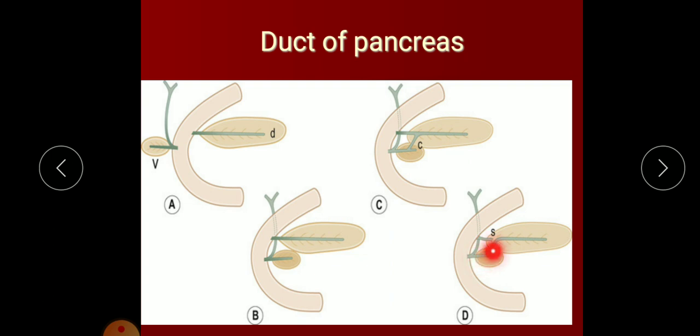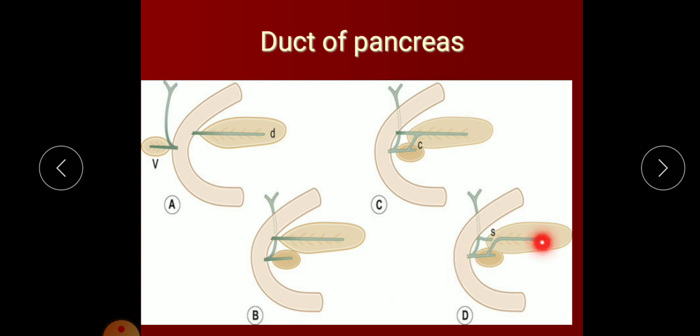This much region will form your main pancreatic duct, and you can see it is opening along with the common bile duct into your major duodenal papilla. That is how you get your major pancreatic duct along with your common bile duct opening into your major duodenal papilla.